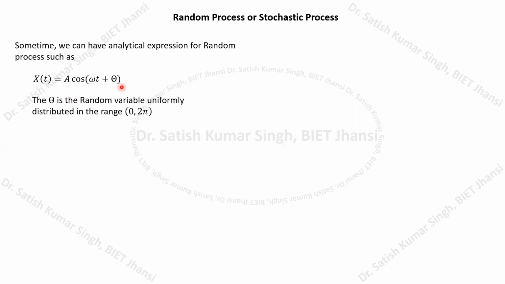So we may think that it is not a random process, but if you see, this theta represents the phase part of your cosine signal, and because this theta can take any value from 0 to 2 pi, at what particular time this theta will take what particular value, we do not know.